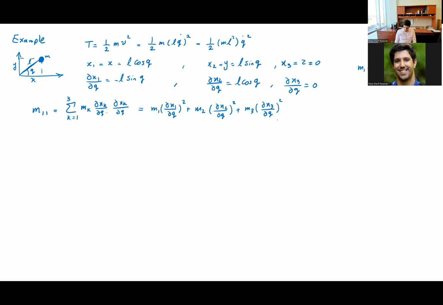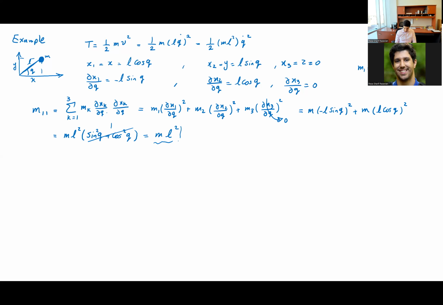The last one is 0. What we have is m1, which is m, times partial x1 partial q, which is minus L sine of q, squared, plus another m times L cosine of q squared. That is m L squared times sine squared q plus cosine squared q, which is 1.